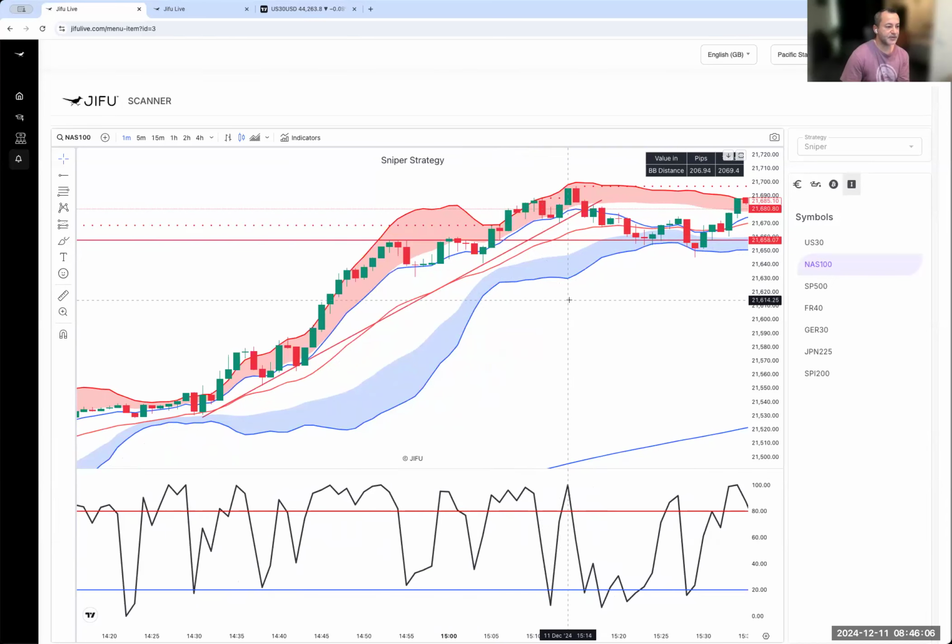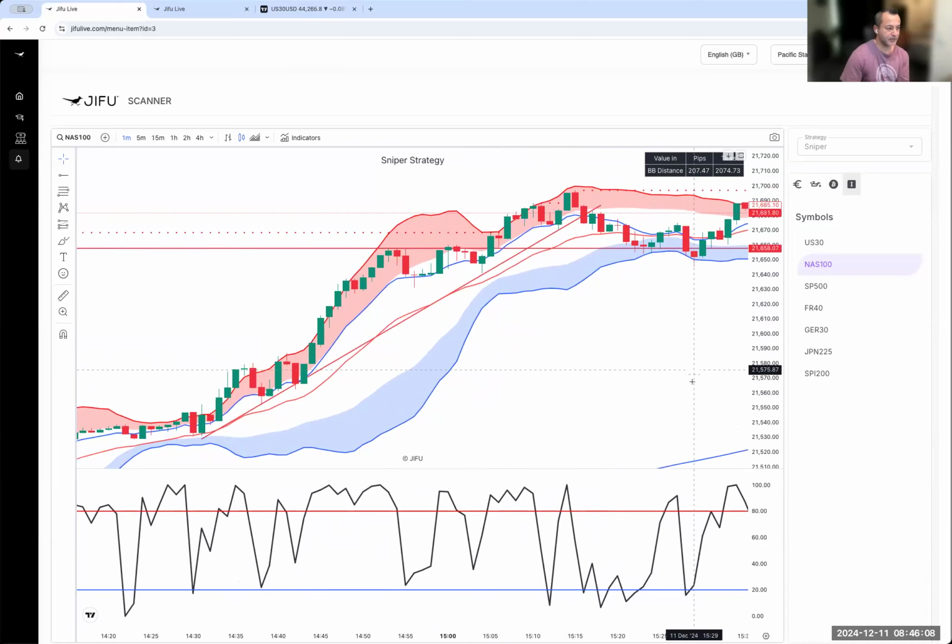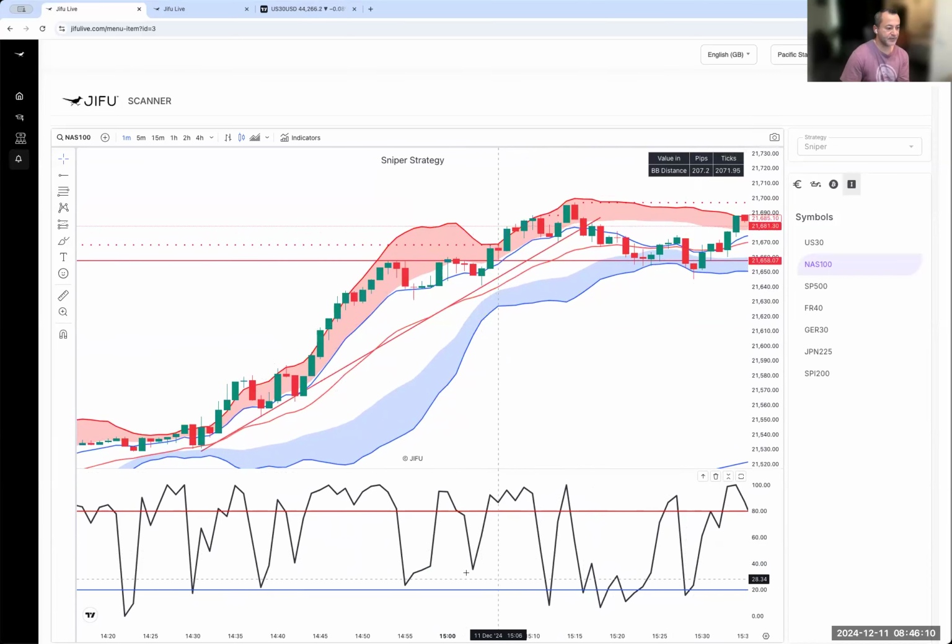One of the types of entries that you could take here, even though this entry isn't here for us down here, is we get a break of a resistance, and we get a retest right here with this wick. Okay. So you could enter 2 different ways. You can enter as soon as you see this wick come back up.